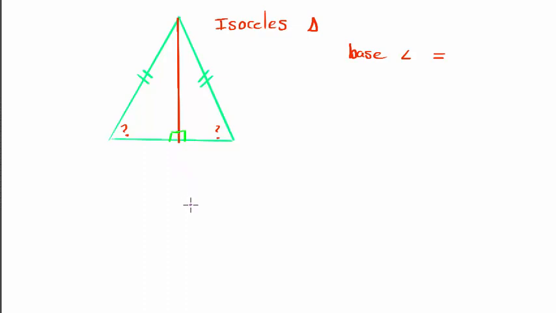But you've got two sides, and one is common, and the others are equal. So what are you going to do in these two triangles? You're going to show congruence.